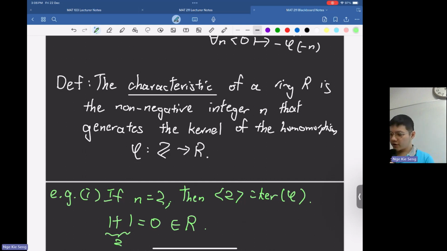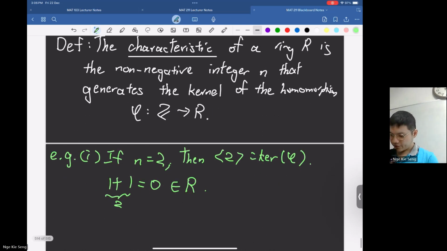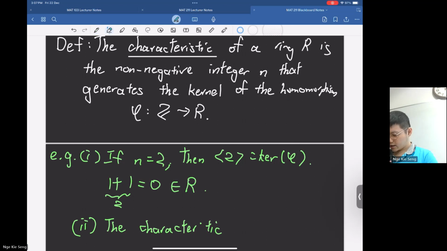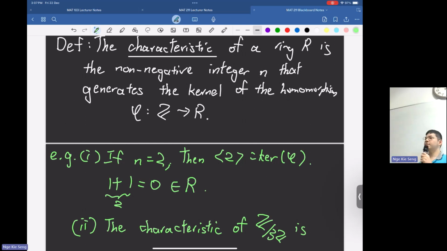So for example, what is the characteristic of the ring Z mod 3Z? You consider a ring homomorphism from Z to Z mod 3Z. What's the kernel of this map?